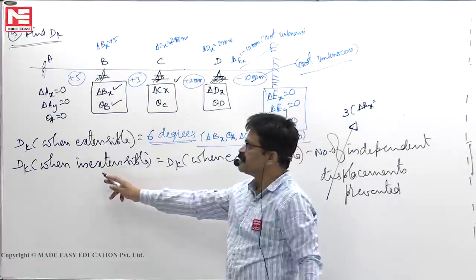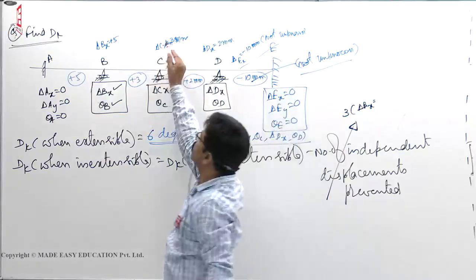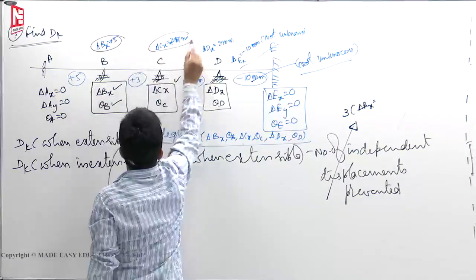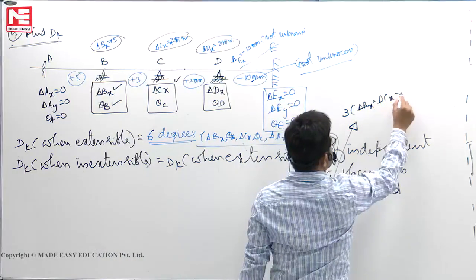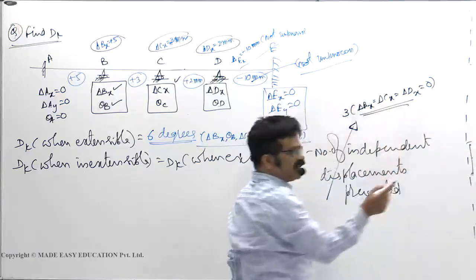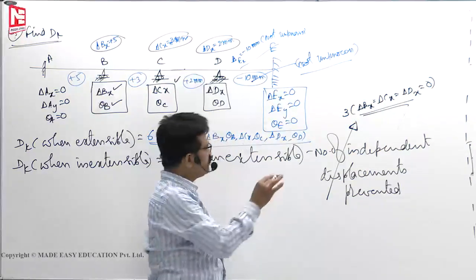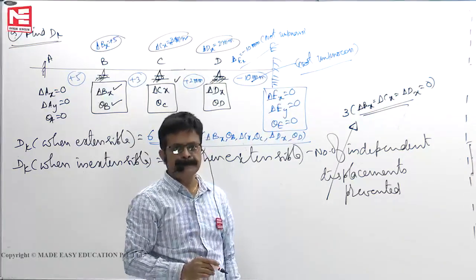Now if the members are inextensible, then Bx, Cx, Dx individually will become 0. So delta Bx, delta Cx, delta Dx, now they will become 0.